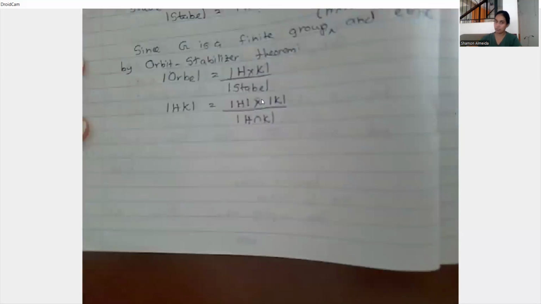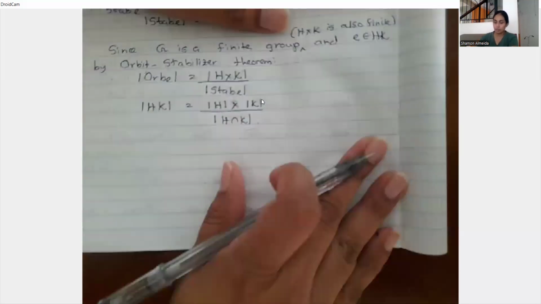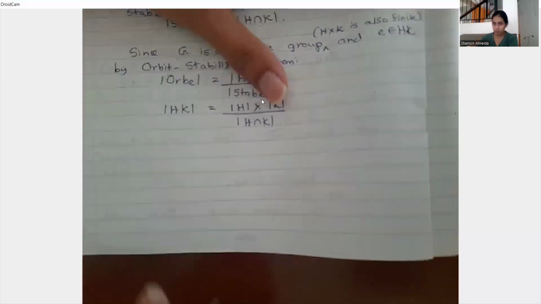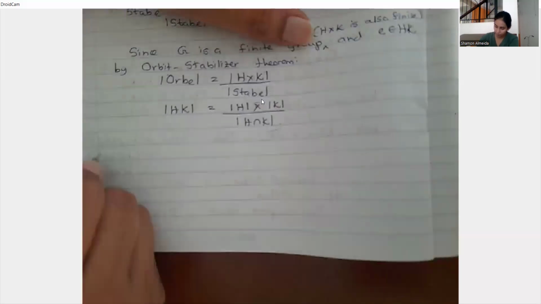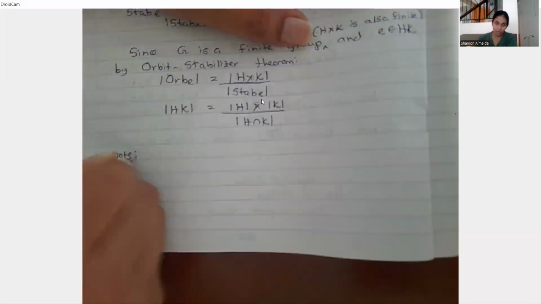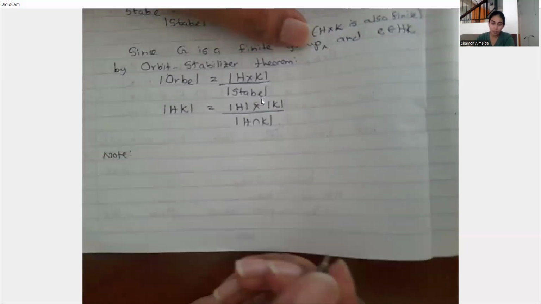Okay, let me quickly note down some things. The length of an orbit is what we call the number of elements in an orbit.